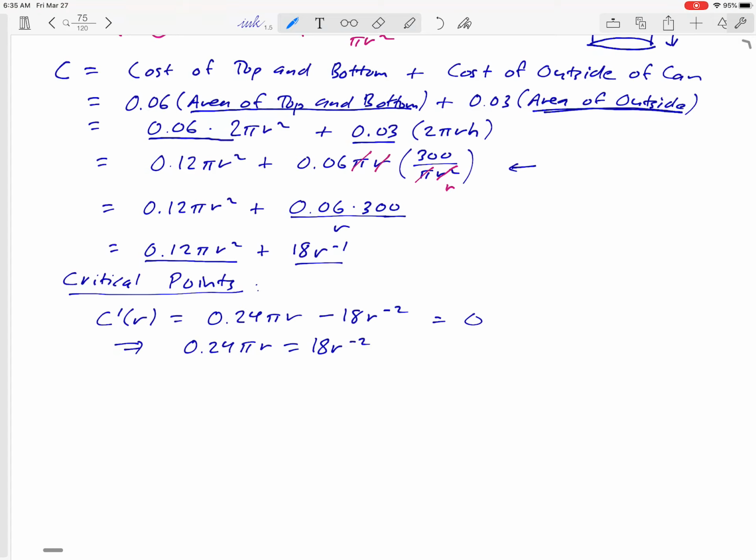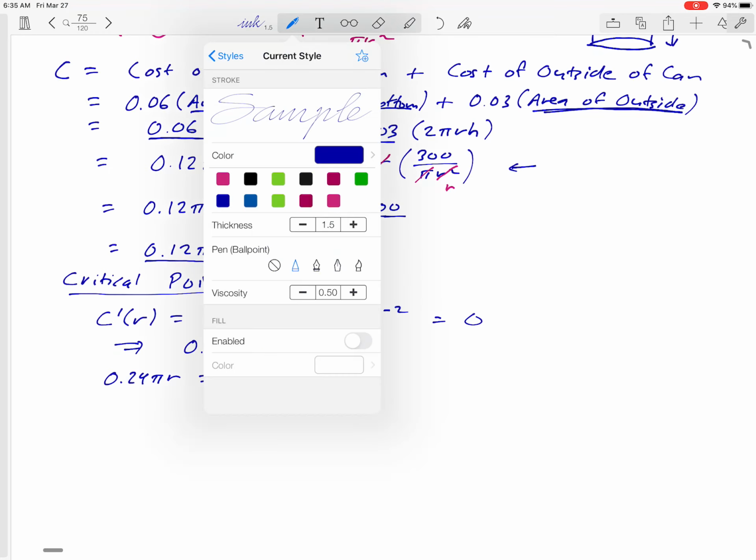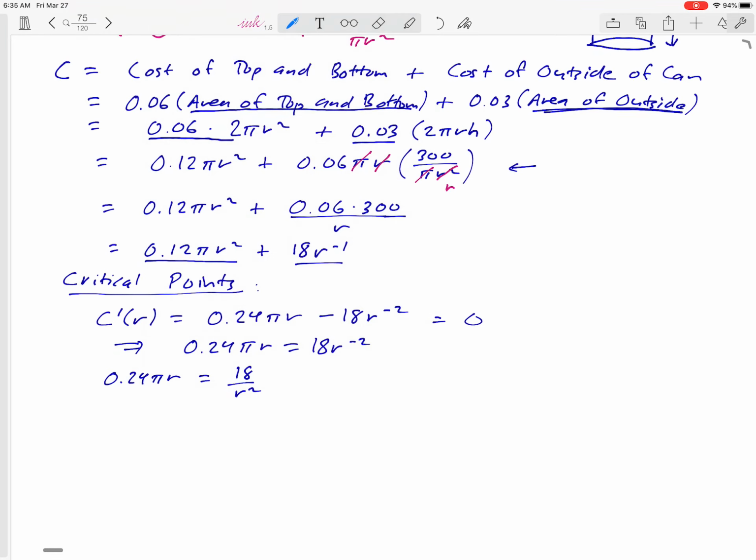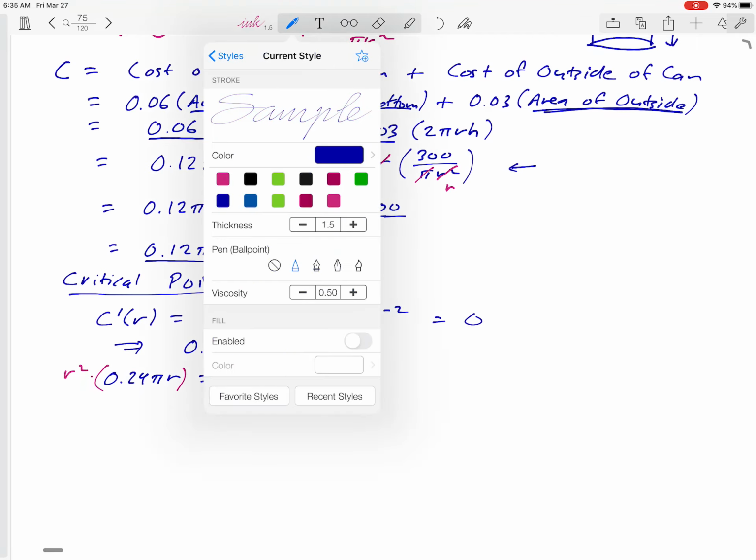Okay, and because this is an equation that we're solving, it's probably more convenient to rewrite things that have negative exponents in it. So we could maybe go one more step here. Rewrite that 18r to the negative 2 as 18 over r squared. Okay, and now, to get rid of the fraction, let's just multiply both sides by r squared.